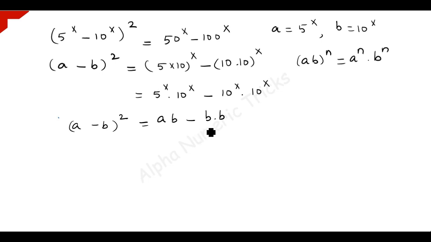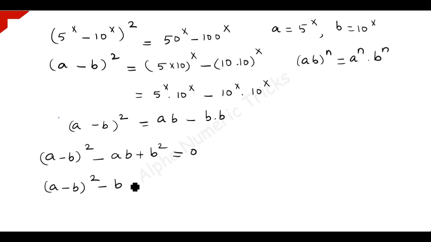So we have to take these two terms to the left hand side. So we have (a − b) the whole squared minus ab plus b times b, which is b squared. Here you have minus, so this side it comes plus, is equal to 0. So from this we take minus b outside: (a − b) the whole squared minus b times (a − b) is equal to 0.